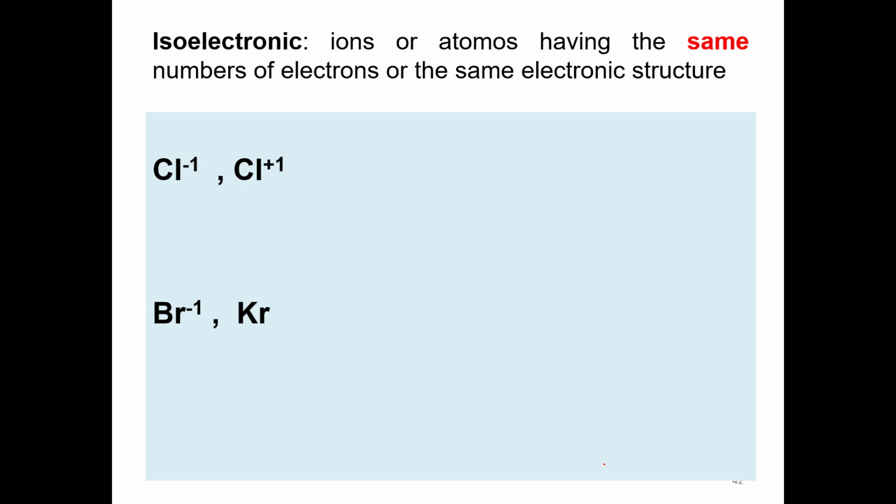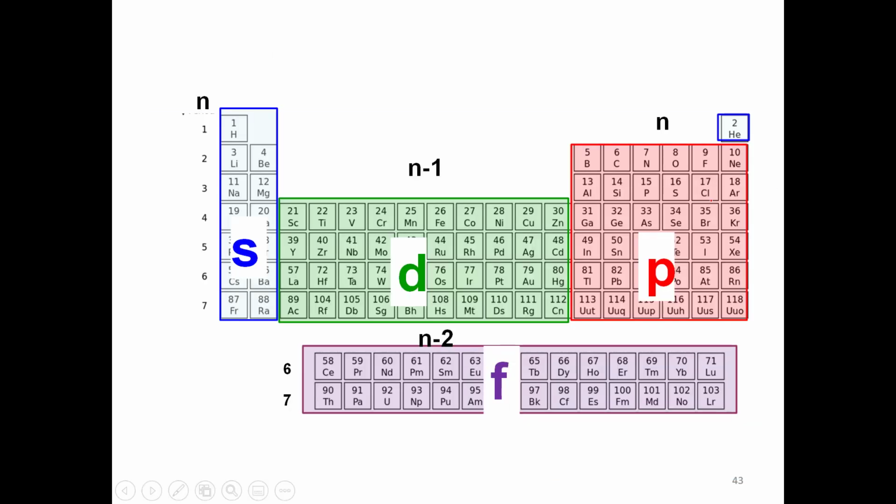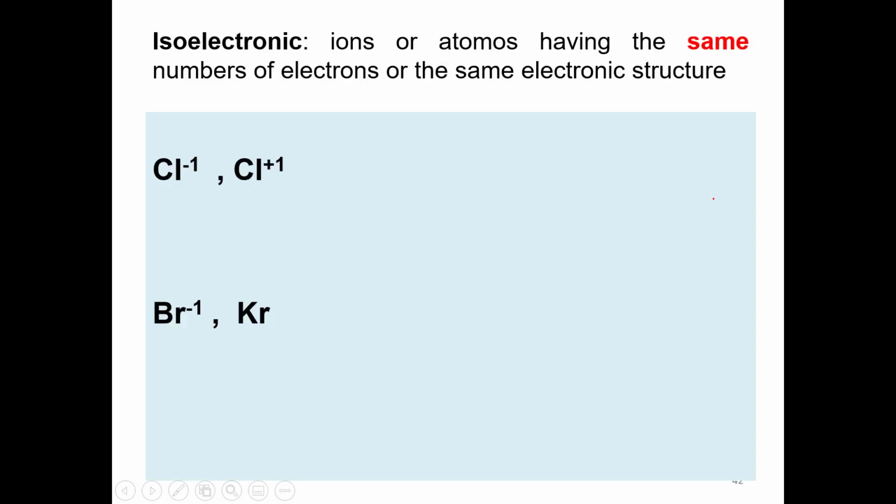For chlorine, pure chlorine has 17 electrons. If we have -1, it's negatively charged, meaning it gained 1 electron, so this ion will have 18 electrons.